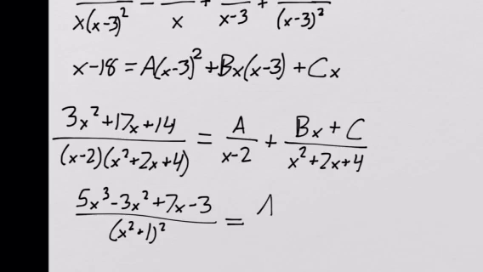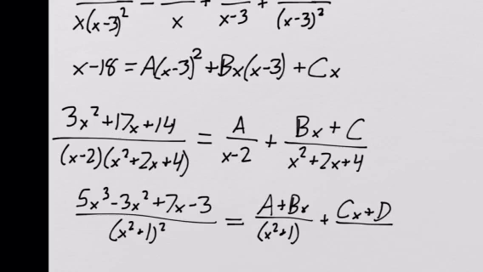Well, now we need an A plus Bx over x squared plus 1, and then Cx plus D. It doesn't really matter which order, so long as you know which order they're in. And this time I do need the parentheses in the denominator, (x squared plus 1) squared. And again, we'll go forward as we had previously.